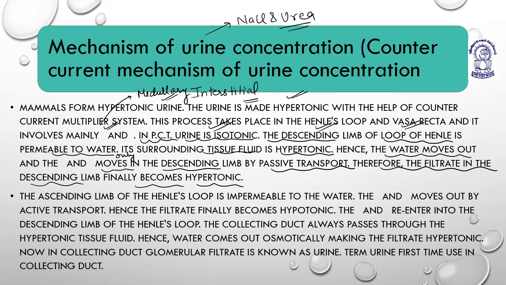The loop of Henle forms the countercurrent multiplier by actively transporting Na plus and passively transporting urea. So the loop of Henle forms the countercurrent multiplier.